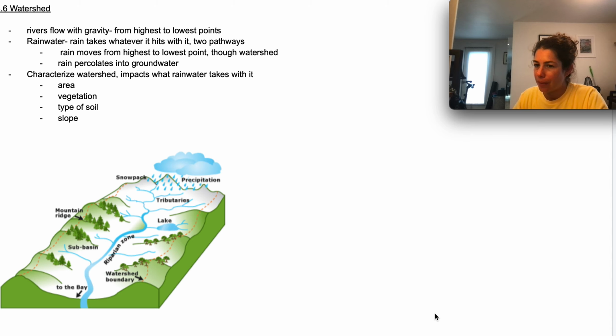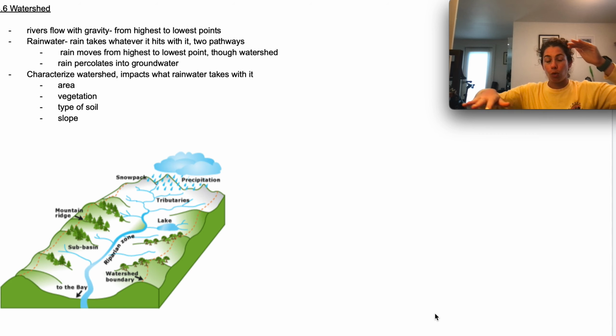Now let's talk a little about the hydrosphere, which are going to be our watersheds and our river dynamics. Rivers flow with gravity from the highest point to the lowest point. The watershed is basically your high point all the way to the low point, and rain takes water with it from the high point to the low point.